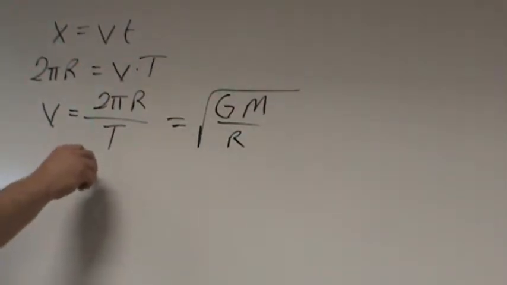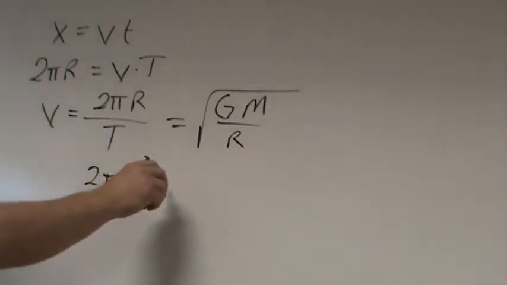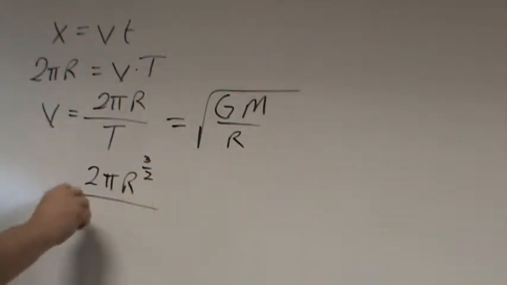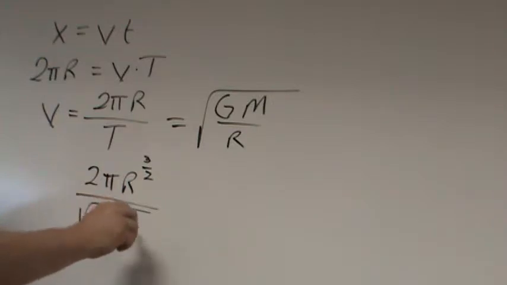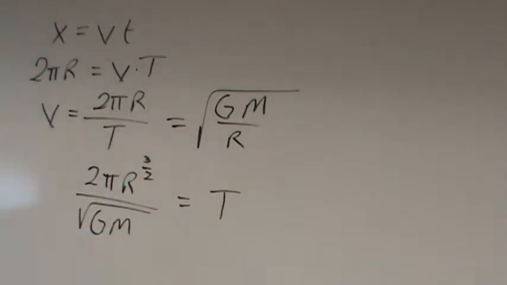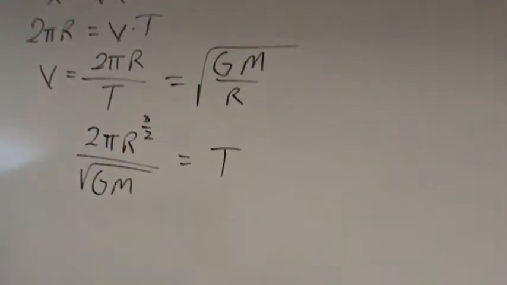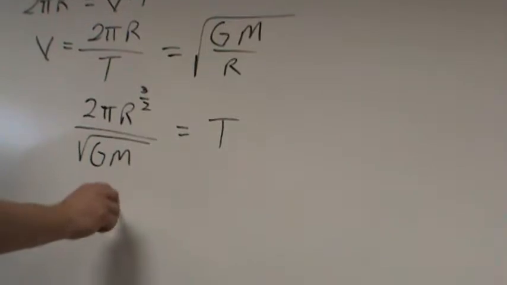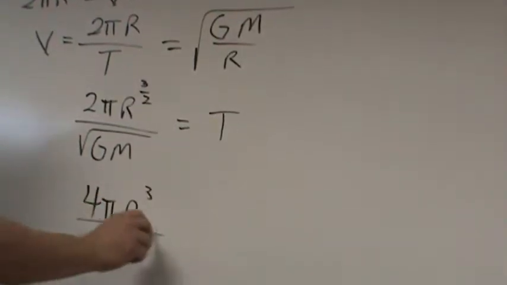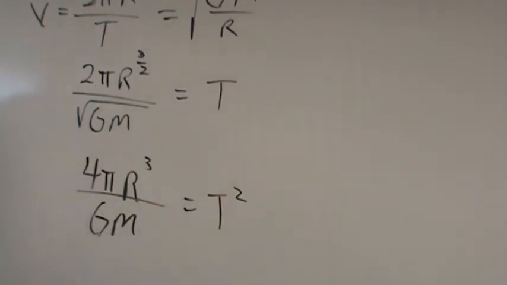That is, I get 2 pi r to the 3/2 power over the square root of GM equals T. Or if I square both sides of the equation, I get 4 pi squared r cubed over GM equals T squared.